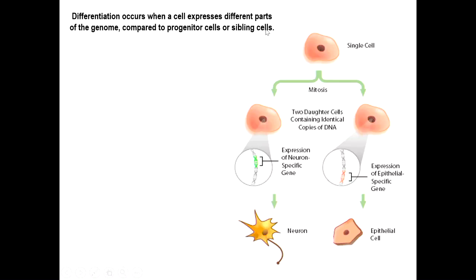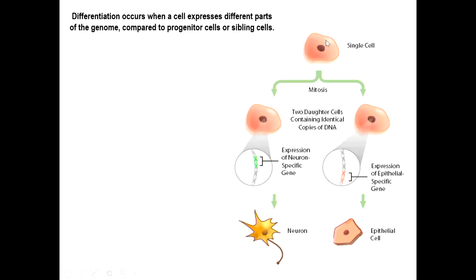And to put it very simply, this is happening because a cell expresses different parts of the genome compared to its progenitor cells or its sibling cells. It's exactly what we've been talking about. Cells in your body have the same DNA, more or less, minus individual mutations that may have happened. And so how do you make them different? You express different RNA and different protein.